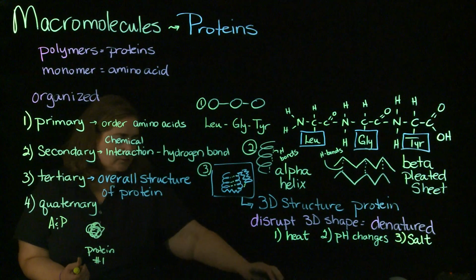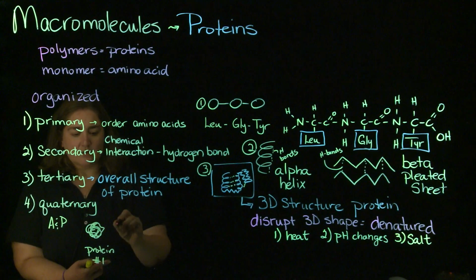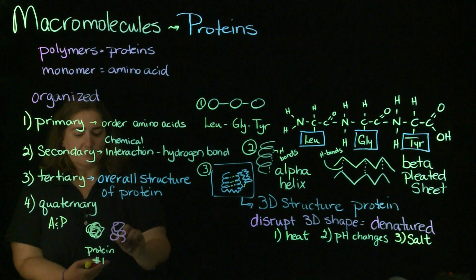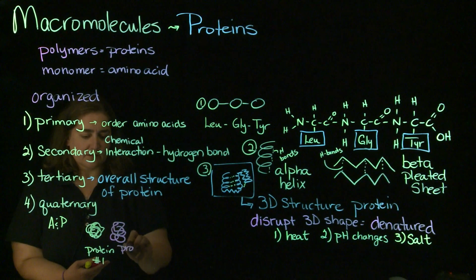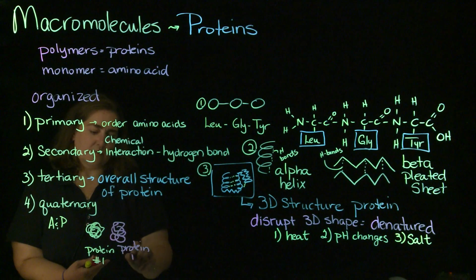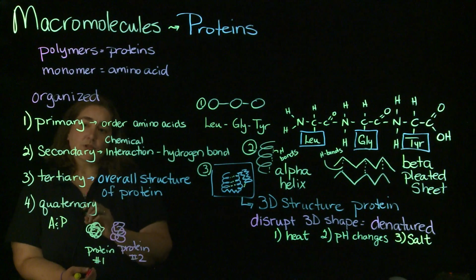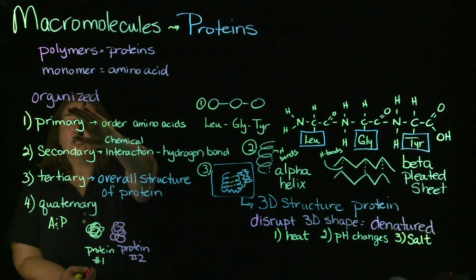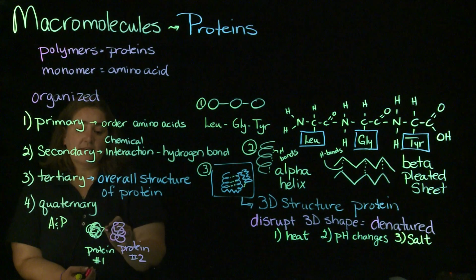Let's go with pink. This is going to be protein number 2. So what you have with quaternary structure is multiple polypeptide chains, so you have multiple primary sequences that are held together, all right?